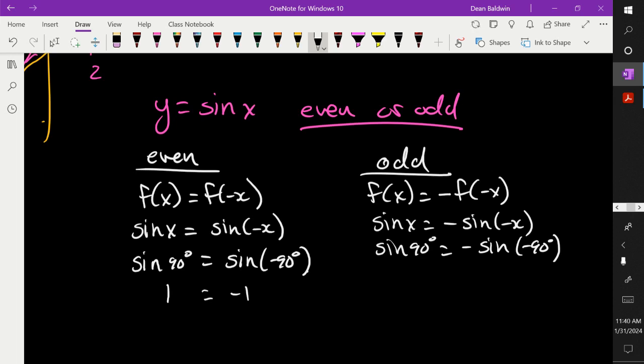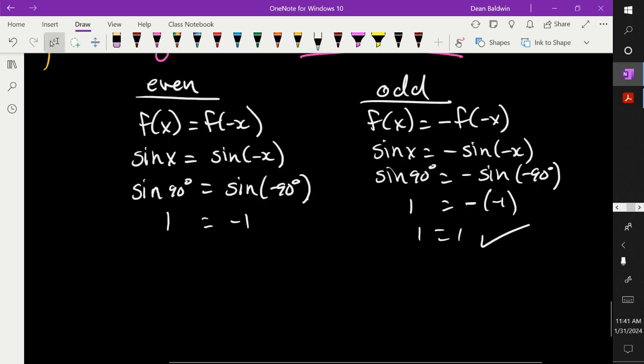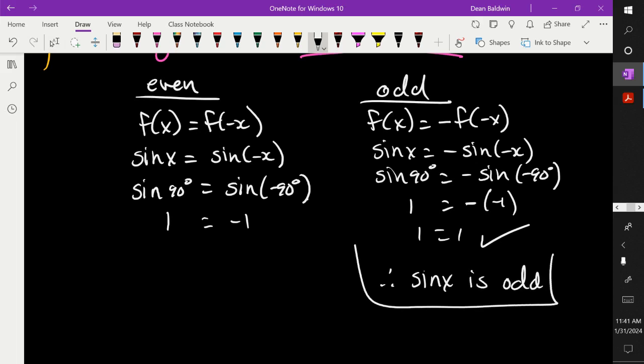Sine of 90 is 1. We just did that. Sine of negative 90 is -1, but we have a negative in front. So we get 1 is equal to 1. So sine is an odd function. Okay? Therefore, sine of x is odd.